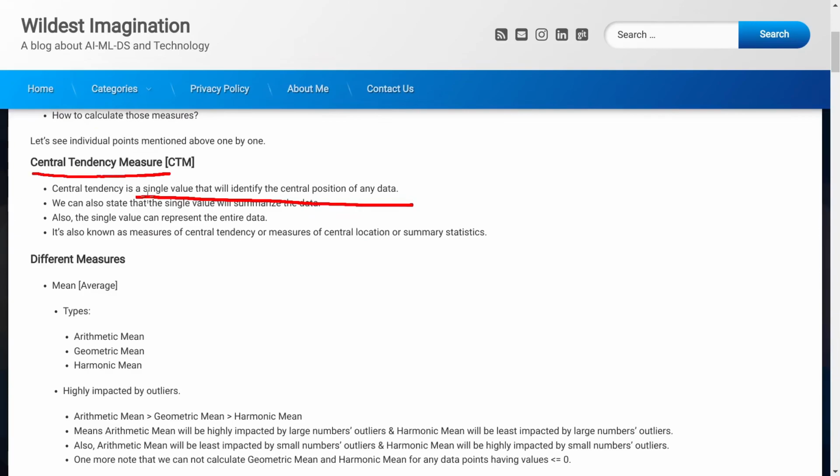It will provide us a summarized overview of all the data points, and we can say that it will represent the entire data. Before we proceed further, when I say all the data points, you can consider any one-dimensional array which contains different numeric values.